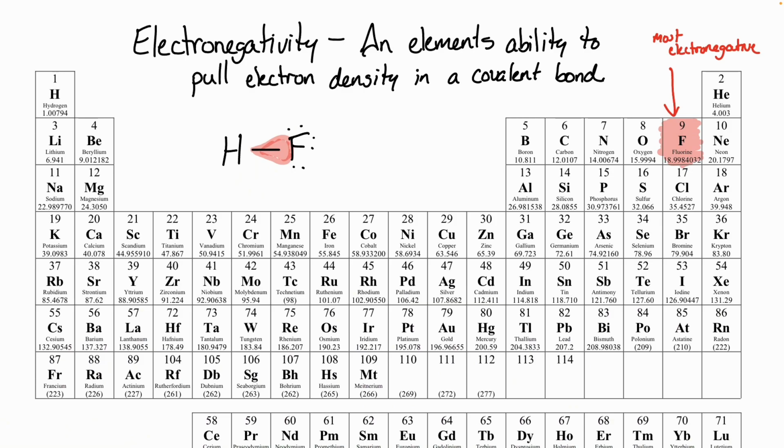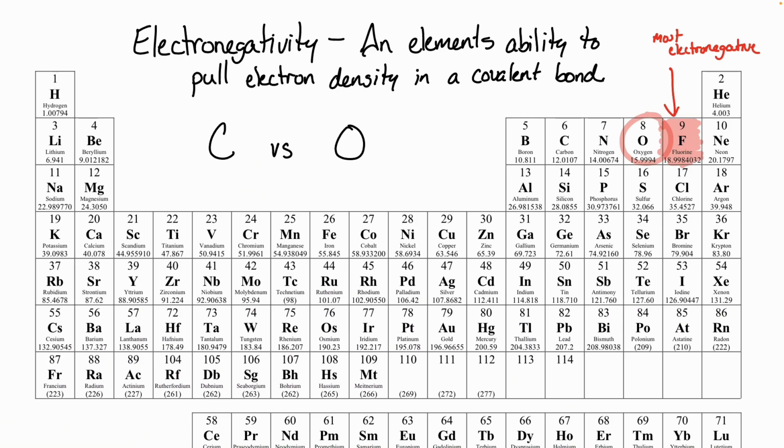We can look at the periodic table and compare the electronegativity of two elements based on quite simply how close to fluorine they are on this periodic table. If I wanted to compare, for example, carbon versus oxygen, and I asked which one is the more electronegative element, you're going to see which one is closer to fluorine.